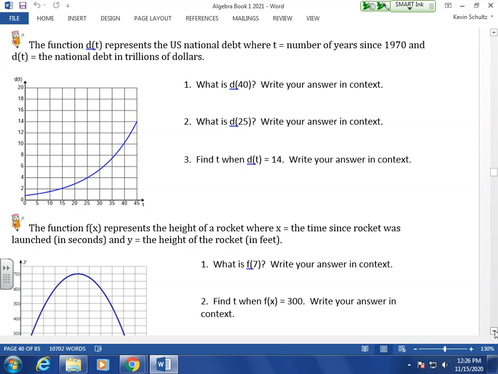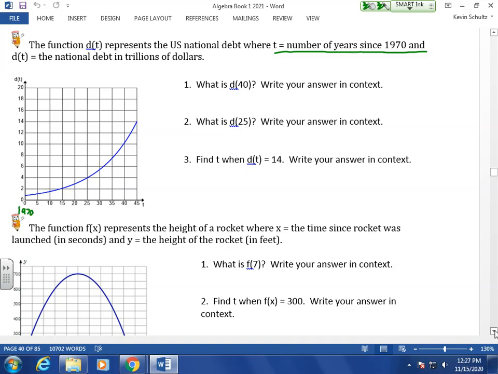of years since 1970. So this graph, even though it says 0 here at the origin, it's not year 0, okay? If t is the number of years since 1970, that 0 represents the year 1970, right?